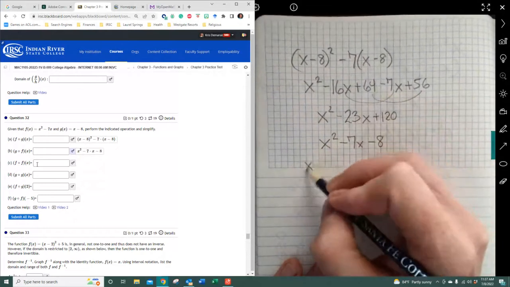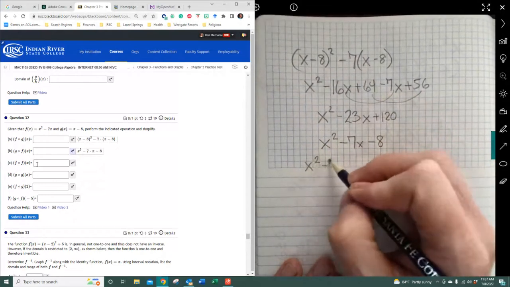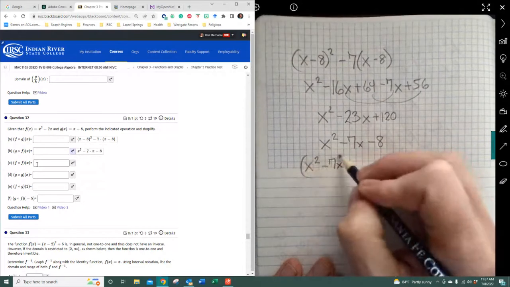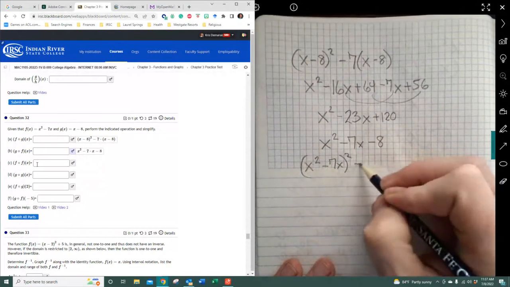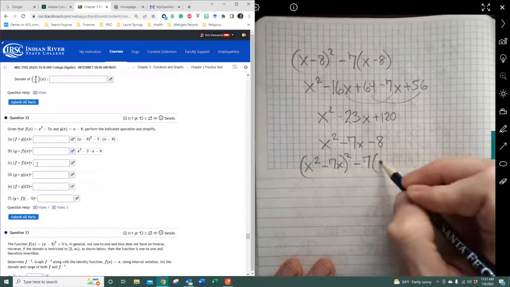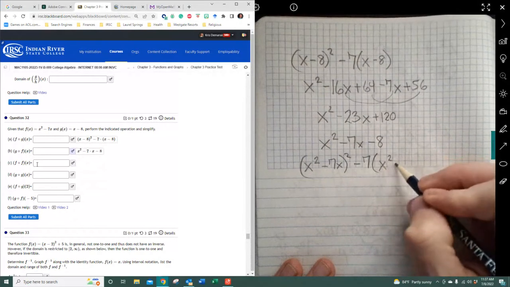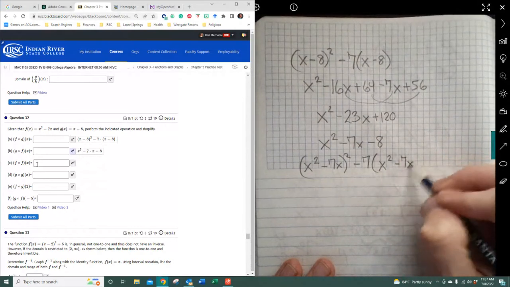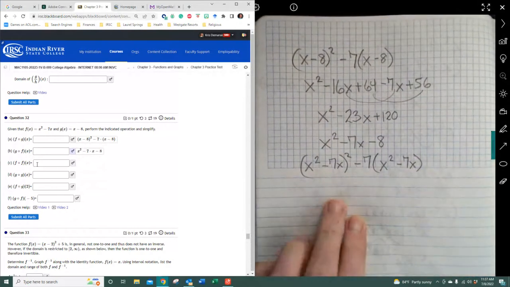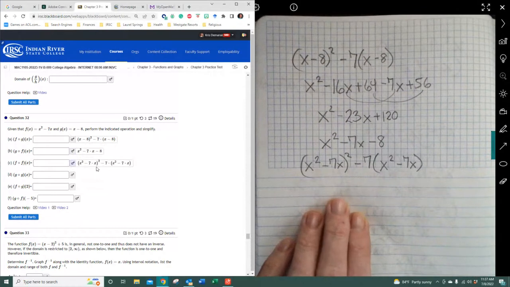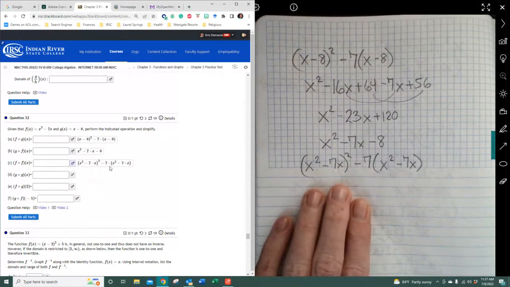You're going to put x squared minus 7x in for the squared part, and then you're going to do the same thing here. You know what? Out of laziness, because they're doing it, I'm going to do it too. And that's the answer we're looking for here. Okay, I hate this jerky looking answer, but that's the exact answer I gave.